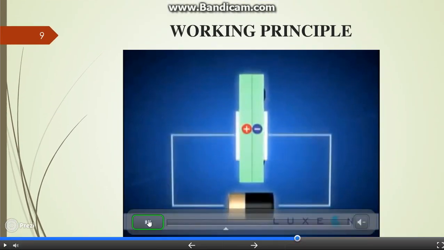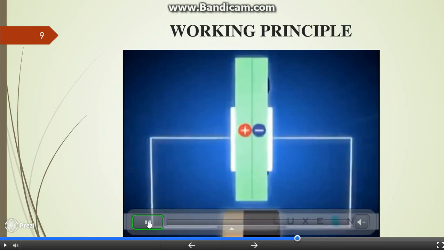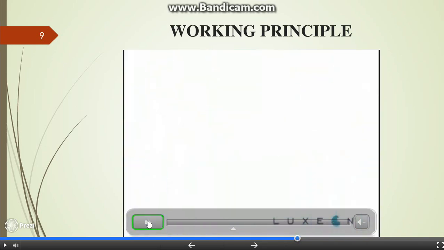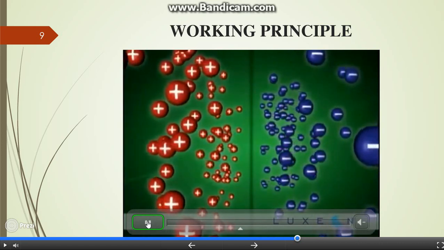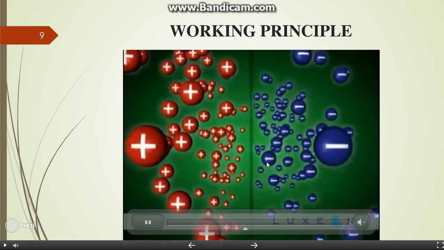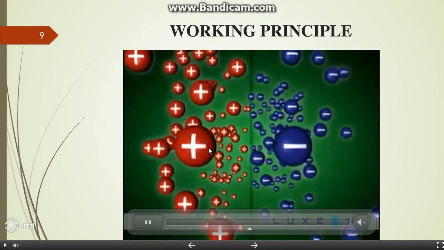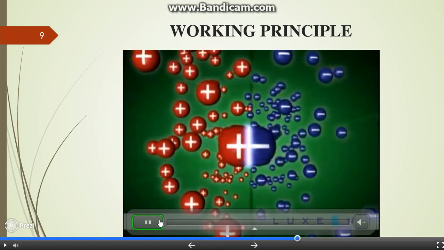Now move to the third part, the working principle of the LED. When a current supply is connected to the diode, the negatively charged electrons are forced to move in one direction and the positively charged holes move in the opposite direction.